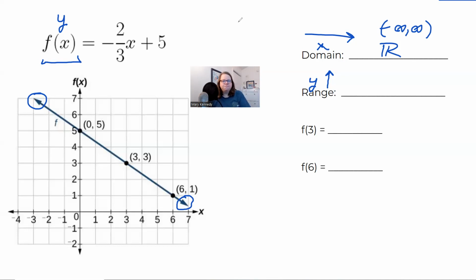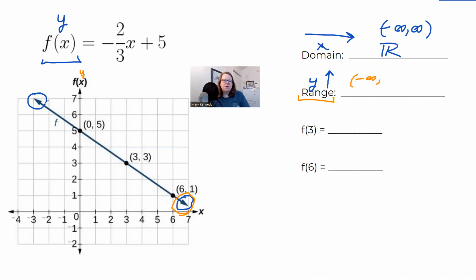The range is going to go from the bottom to the top. So just like the y values, the y axis goes up and down, right? So if I think about the bottom of this graph, the lowest point on this graph is here where there's an arrow. So I know it starts at negative infinity.